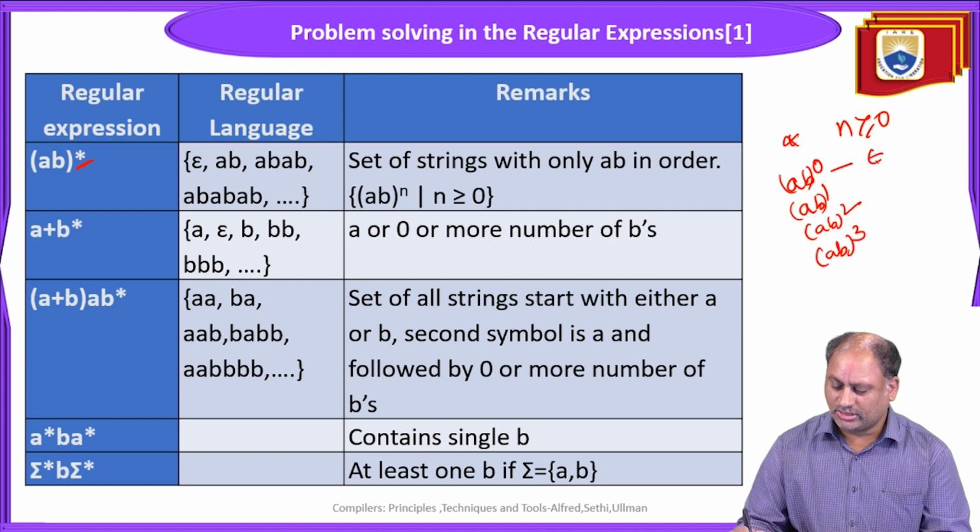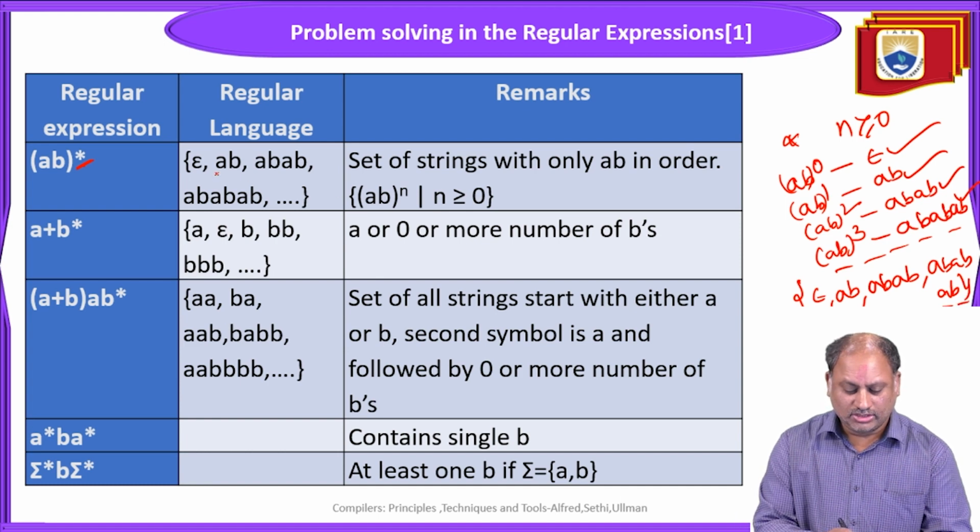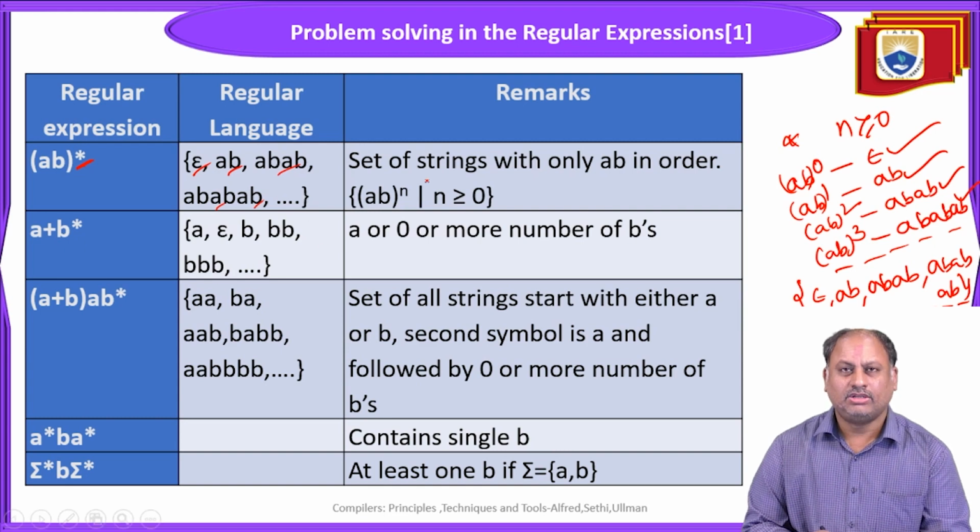This is two times AB, and AB followed by AB followed by AB. So the list goes on. That is to be written as epsilon is one string, AB is the second string, the third string is AB followed by AB, the fourth string is AB followed by AB followed by AB. Like that the list goes on.